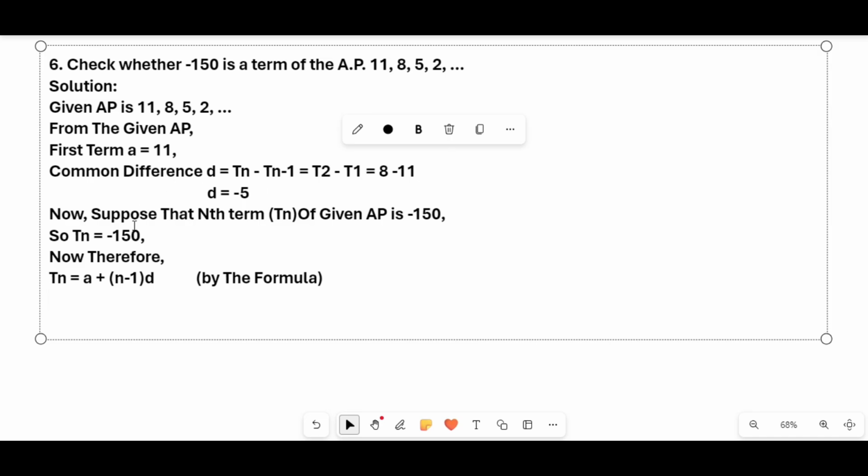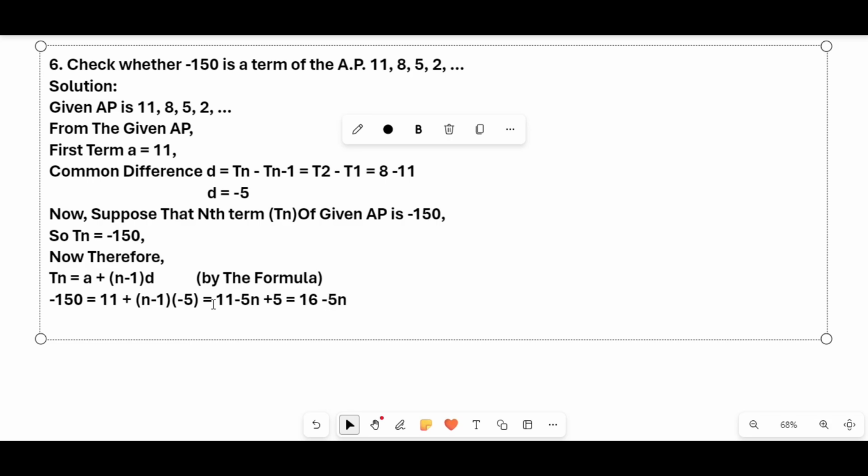So we just put the value: minus 150 is equal to 11 plus (n minus 1) times d, where d is equal to minus 5. Okay, we just do that. It is equal to 11 minus 5n plus 5, which is 11 plus 5 is 16, minus 5n.